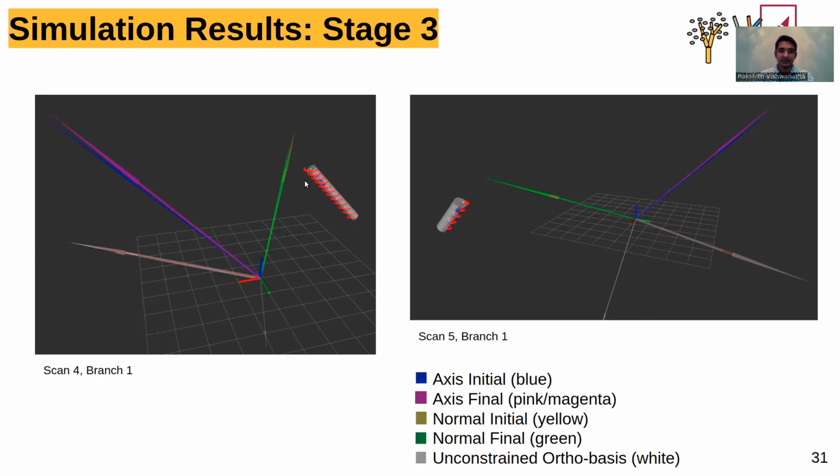And once optimization was performed, the initial estimate of the axis was corrected, and that was represented by purple, magenta, and similarly the yellow was used as the final value of the normal vector. And we can see that irrespective of different orientations and locations of these point clouds, a good cylinder was fit for multiple branches.